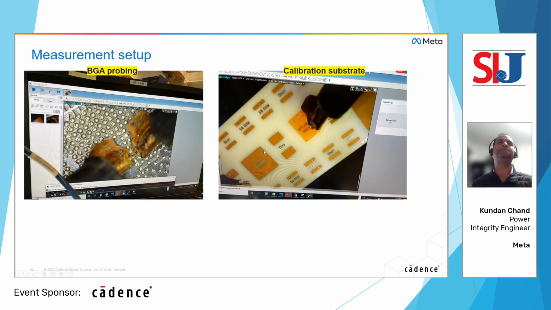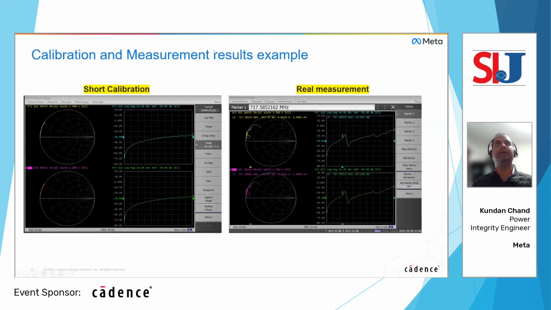And this is showing the BGA probing on the BGA pads we did. And just giving an example of how the short calibration and the real measurement looked.